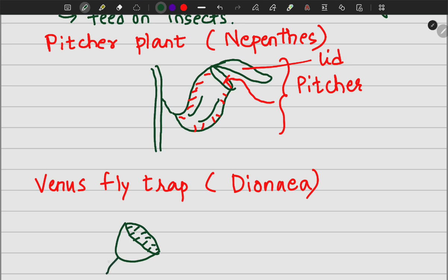These leaves trap insects. Whenever an insect crawls and touches these leaves, which have these special sensory hairs or structures, then the leaves close and trap the insects and feed on them.